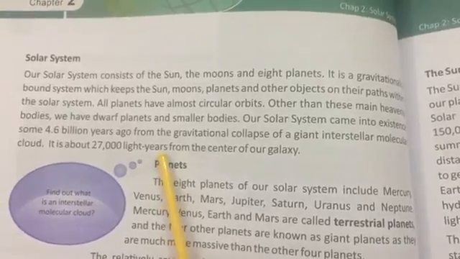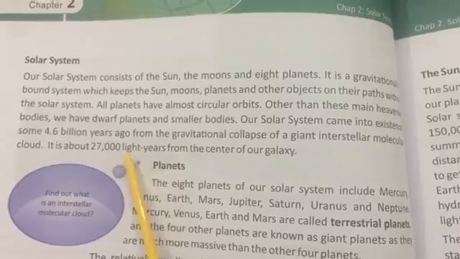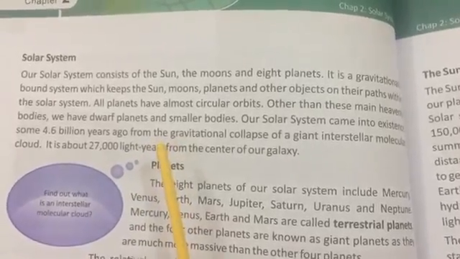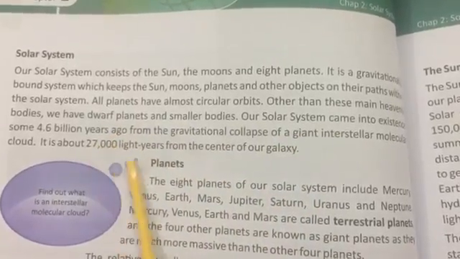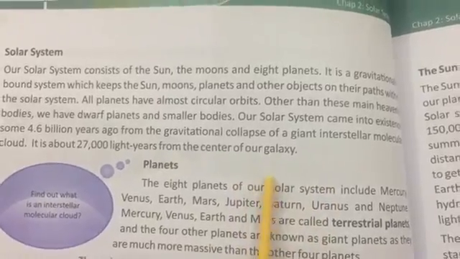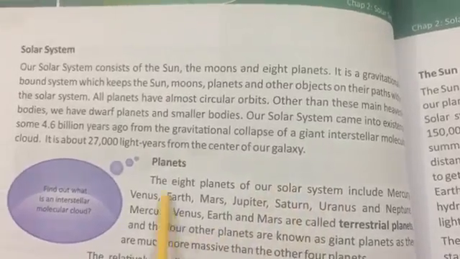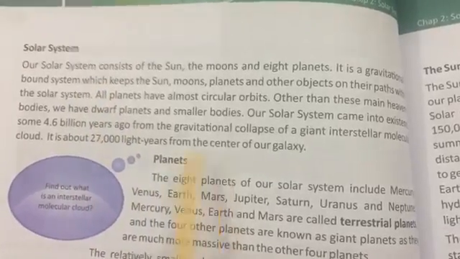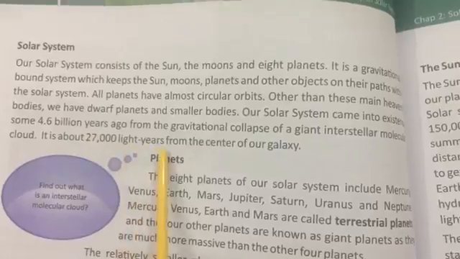So the distance the light covers in 1 year is known as a light year. So the distance of our solar system from the center of our galaxy is 27,000 light years.